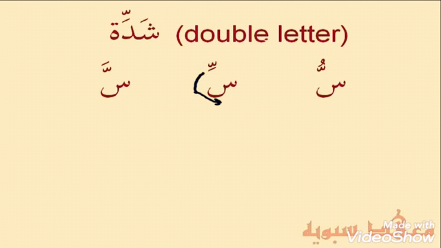Now let's dissect the shadda on top of these letters. So we said that the shadda represents a doubling of the letter. So here, there's 2 seens, because the shadda is there. So there's one seen, followed by another seen. Now the first seen will always have a sukoon.